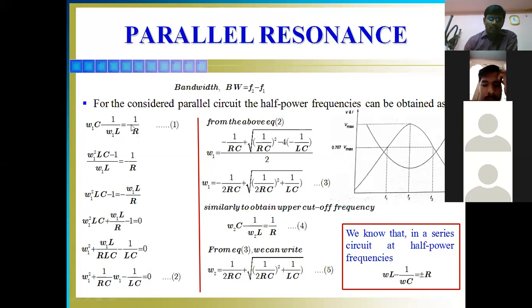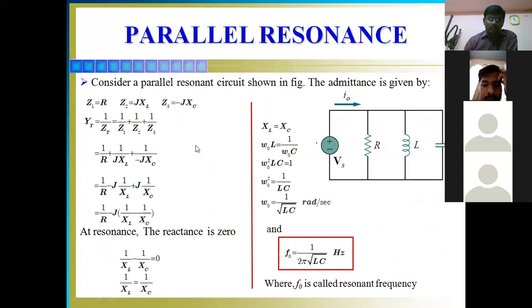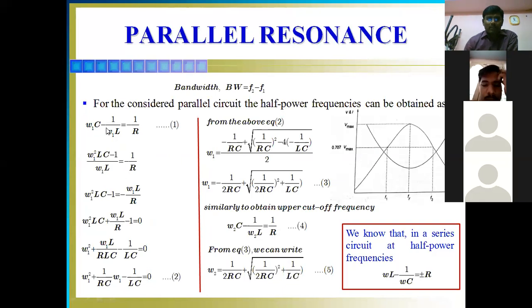So this is the admittance. Here, omega 1 C minus 1 by omega 1 L is equal to minus 1 by R. From this you can take the LCM: omega 1 squared LC minus 1 by omega 1 L is equal to minus 1 by R. We consider minus for lower cutoff frequency, plus for upper cutoff frequency.